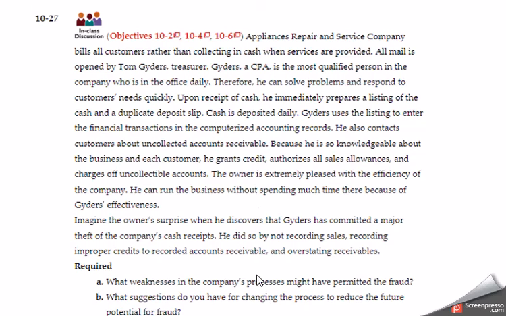So to not allow him some of these functions, or have the owner double check, or even to hire just a clerical person that has some of those duties, such as getting the checks and making those bank deposits daily, would help right there.